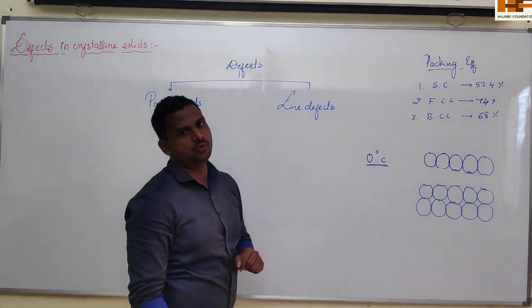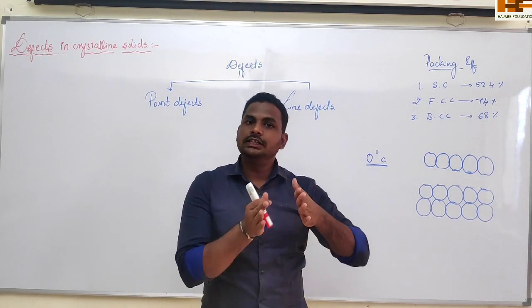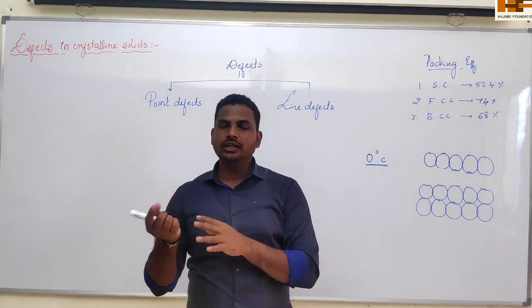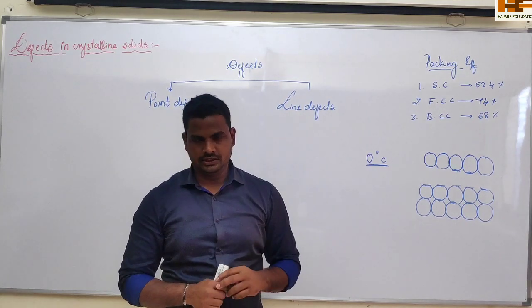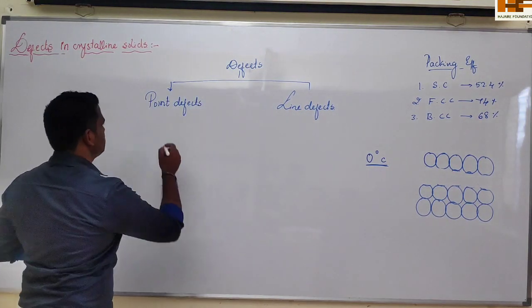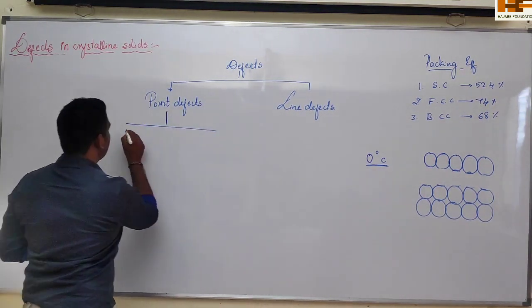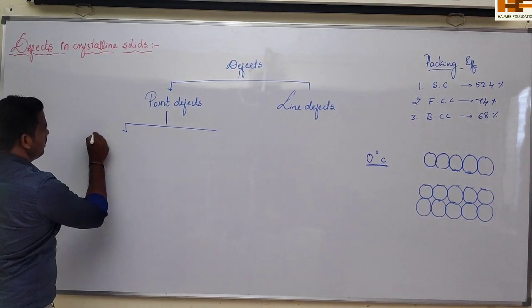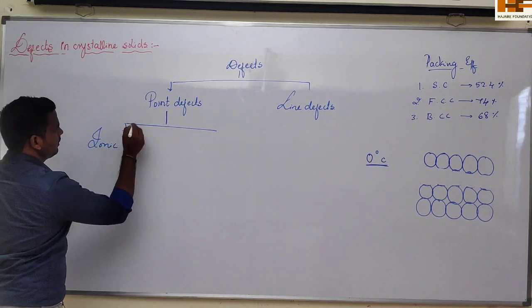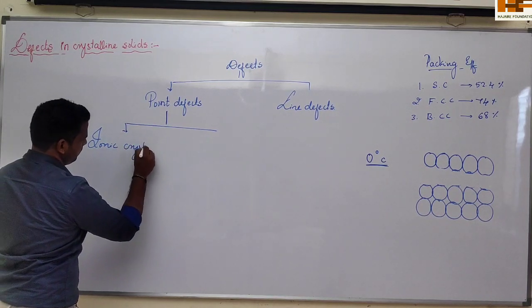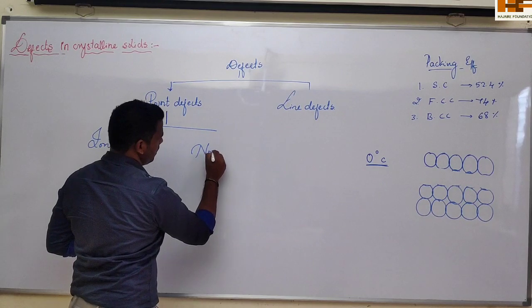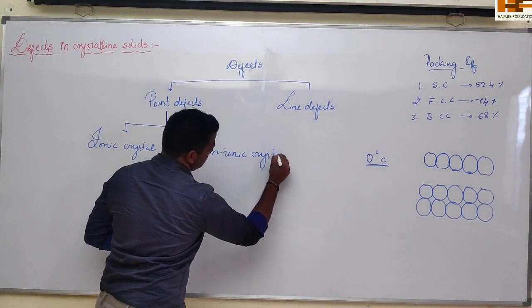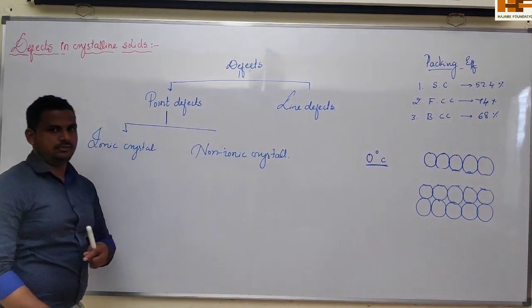Again, based on the missing of ions, the point defects are classified into two types. These point defects we can observe in non-ionic crystals as well as ionic crystals, right?